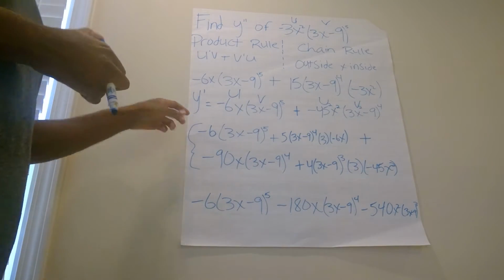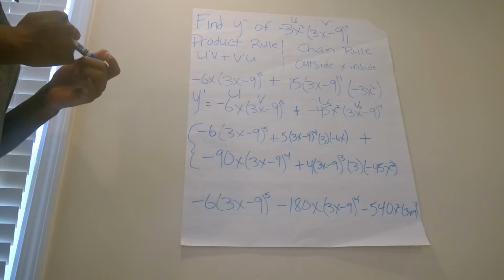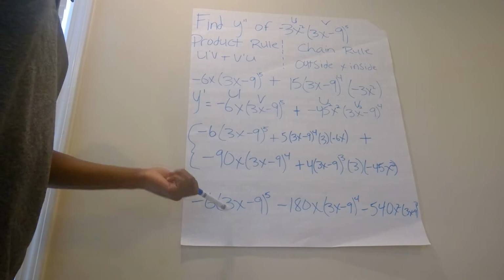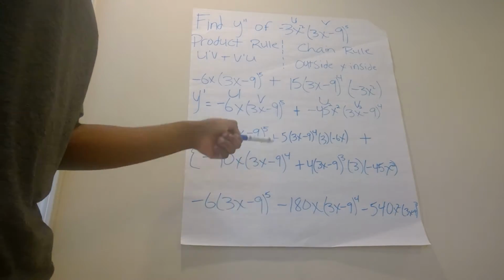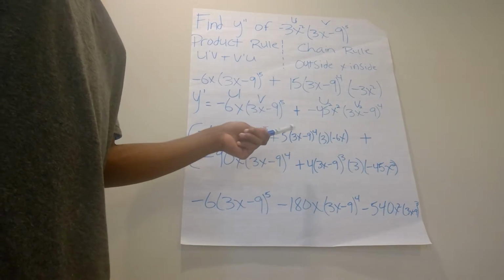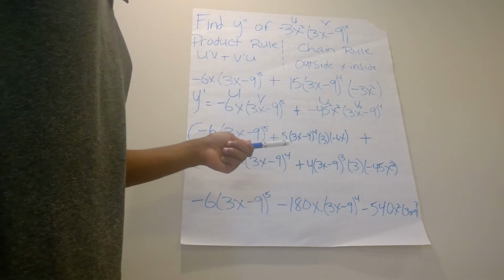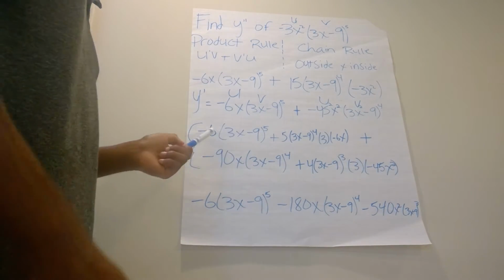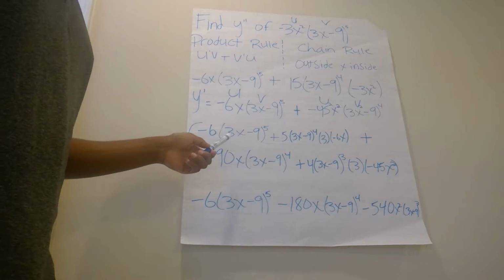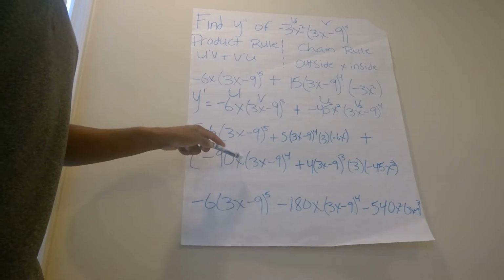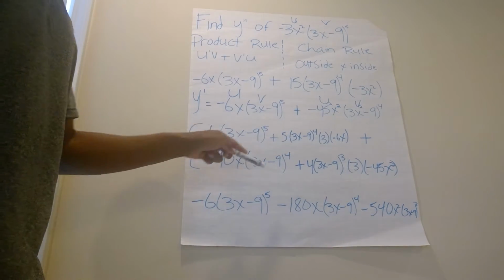So from here we just simply simplify it. I just brought this term down because it cannot be simplified any further than that. 5 times 3 is 15 times negative 6x is negative 90. So we have 2 negative 90x times (3x minus 9) all to the 4th.